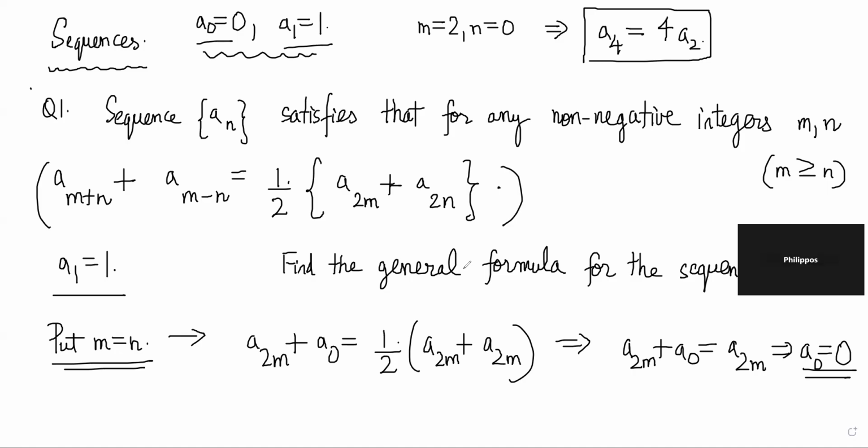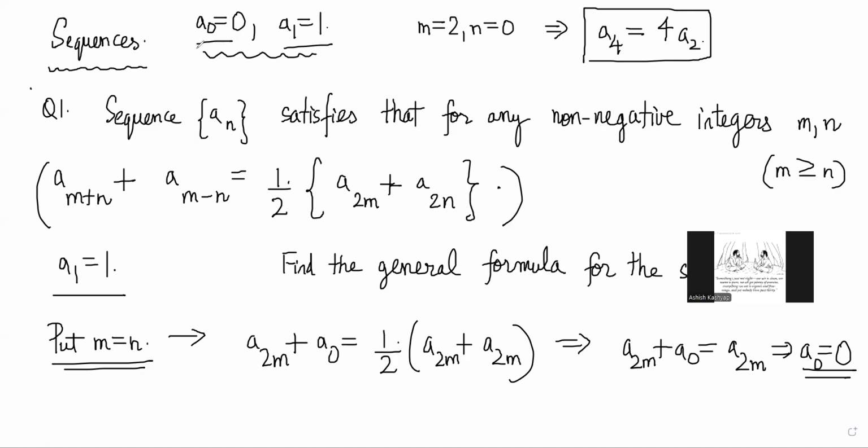I found that for some values, I think it will be like a_n equals n squared. Correct. So you found some values, right? We have seen the first couple of values, right? Yes. And you can see this relation also, a4 is equal to 4 times a2 and stuff like that, right? Yes.